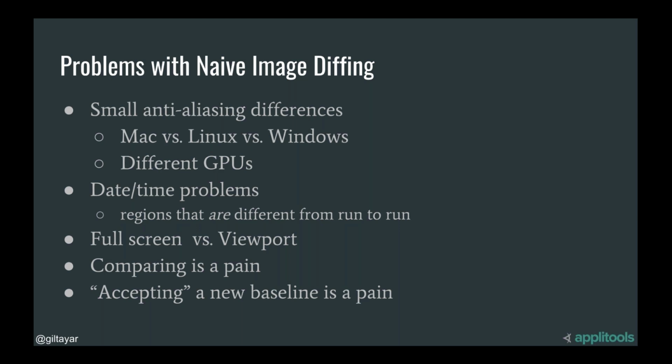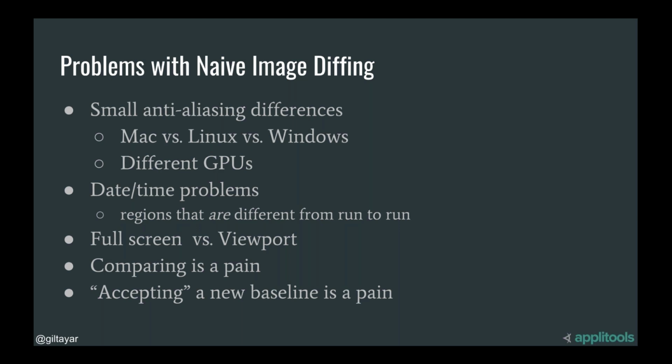So I need to programmatically put that in. What about full screen? Taking a full screen snapshot is not supported by Selenium, only viewport. So if I want a full screen validation, that's a problem.